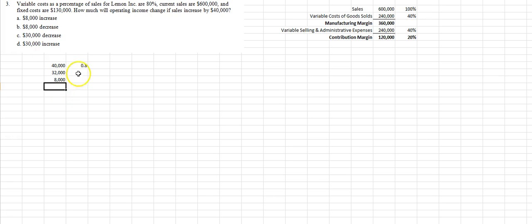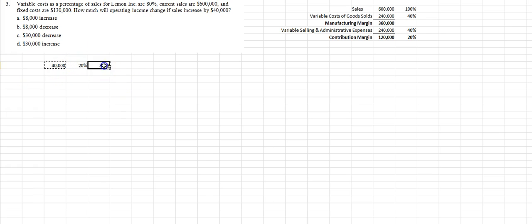An easier way to do it is say, okay, I know if my variable costs are 80%, then my contribution margin is going to be 20%, right? If my contribution margin is 20%, that means that $40,000 is going to contribute how much to the bottom line? $8,000.